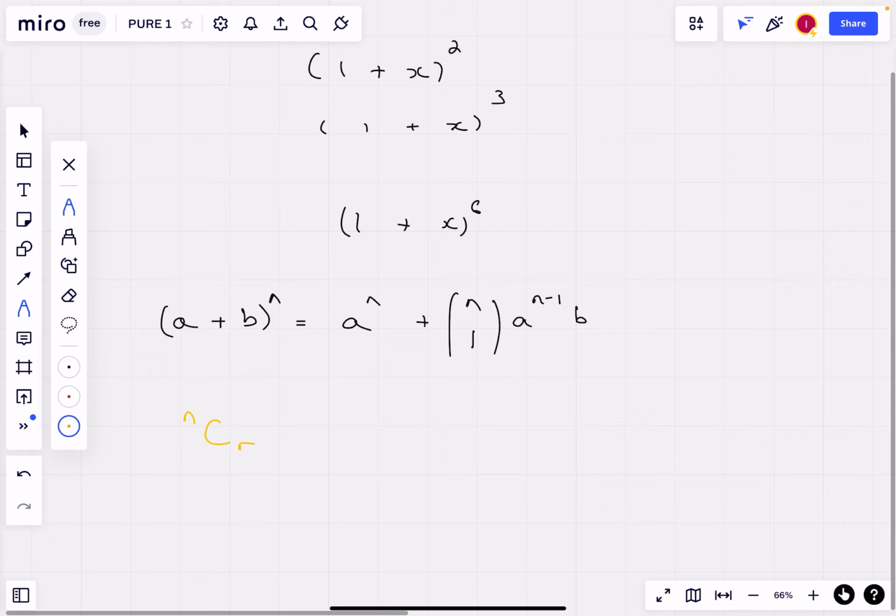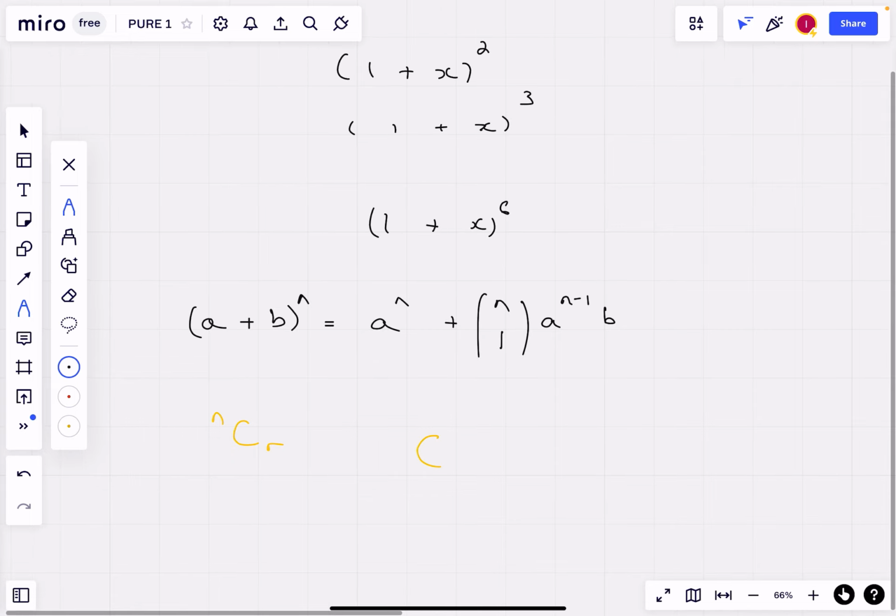In order to press nCr, you need to press shift and then divide, and it will come up with that C. Now, nCr is a way for you to expand nr notation. Okay?